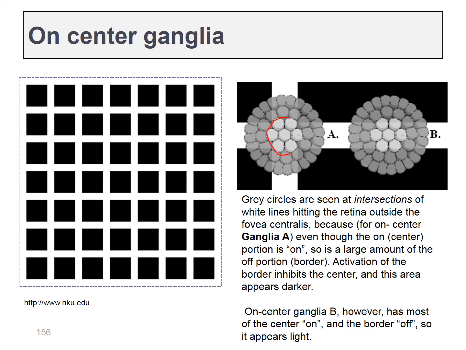And so in most of the other intersections, the rods in the center are stimulated, but so are a number of them on the borders. Not all of them, but many of them, and so that tends to inhibit the signal. Hence, it appears a little bit grayish at all of those other intersections.